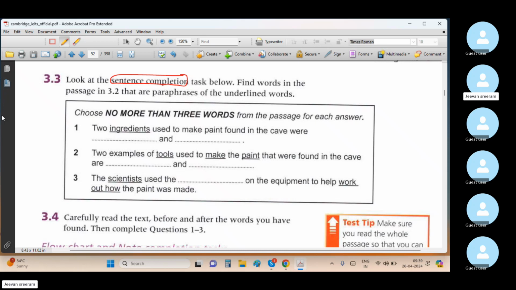Two ingredients used to make paint found in the cave were dash and dash. To reduce your work, the keyword has already been underlined. Ingredients. 2 ingredients.